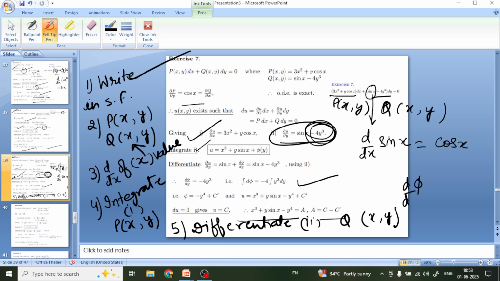And after that you have to find d over dy of phi, that is equal to this value.